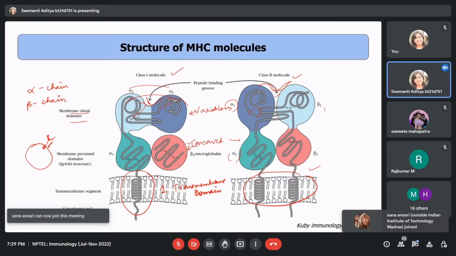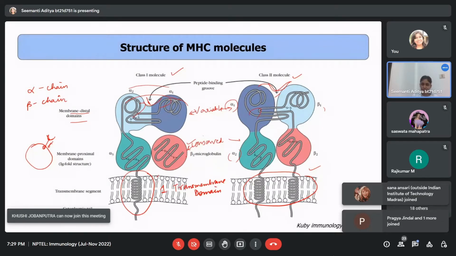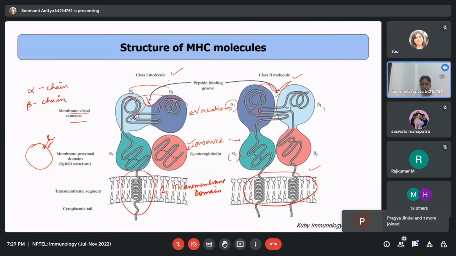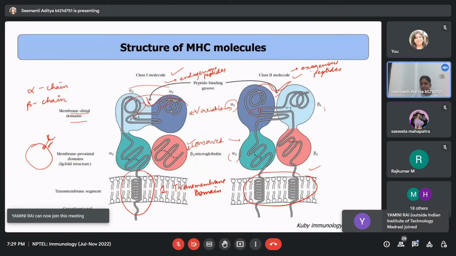So apart from that, the structures are quite similar, but also the difference between MHC1 and MHC2 is the peptides that they bind. Class 1 can bind mostly endogenous peptides or viral protein, and class 2 molecules will bind exogenous peptides, say from bacterial infection or any kind of external pathogens.